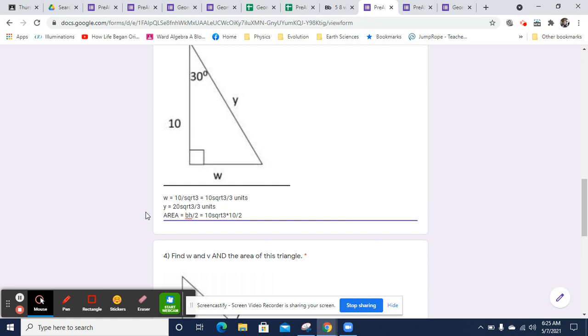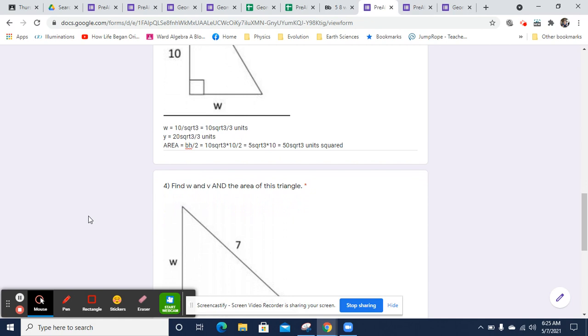And we can factor out a 2 from top and bottom, so we'll end up with, instead, 5 square root of 3 times 10, which will end up being 50 square root of 3 units squared. And that's the area for that right triangle.